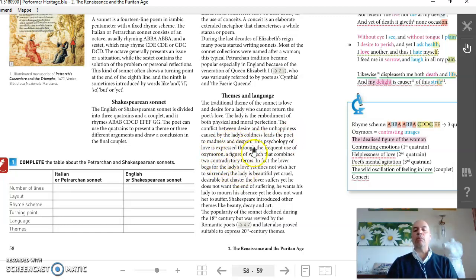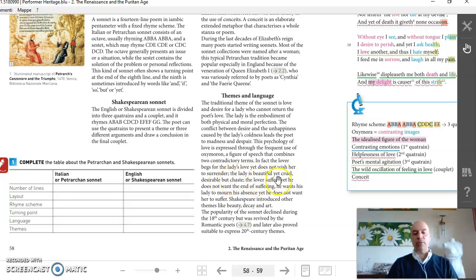The psychology of love is expressed through the frequent use of oxymoron. Oxymoron, plural oxymora, in Italian ossimoro, is a figure of speech that combines two contrasting ideas, two contradictory terms. In fact, the lover begs for the lady's love, yet does not wish her to surrender.